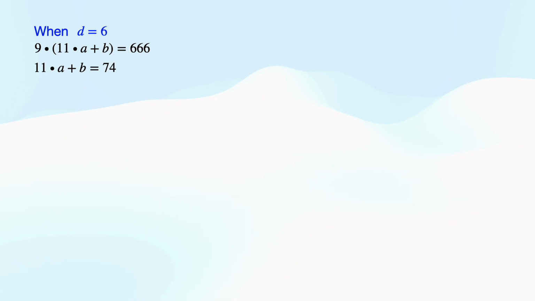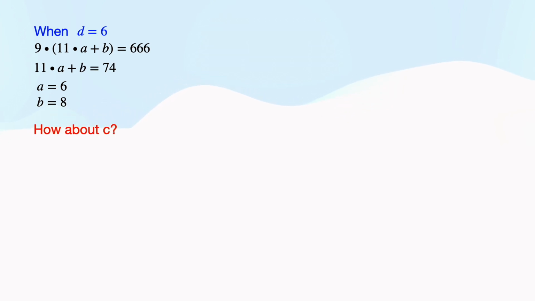Now, let's look at when d is equal to 6. We can write 9 times (11a plus b) equal to 666, which means 11a plus b has to equal 74. Only when a is equal to 6 and b equal to 8, this equation can be met.